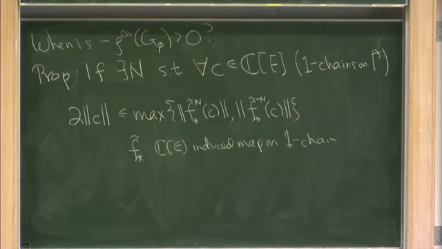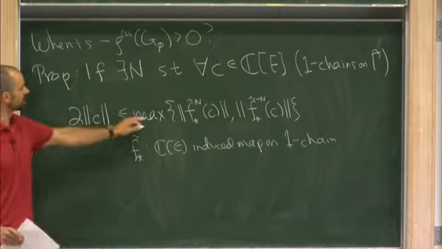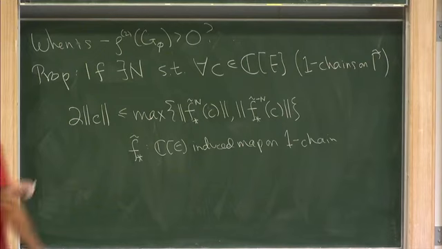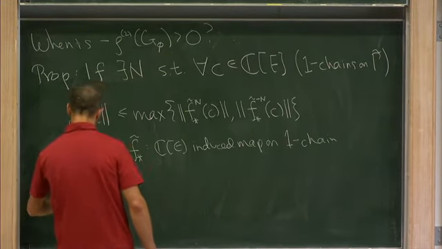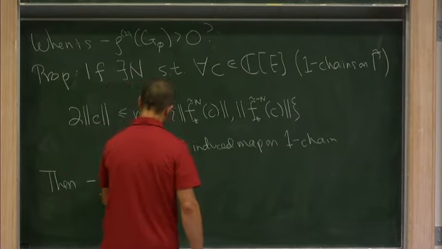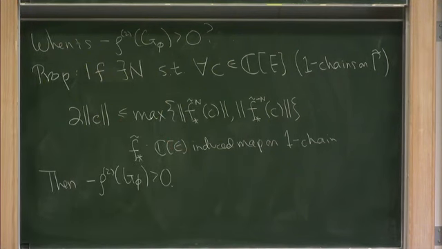If you know the Bestvina-Feighn combination theorem, this is something like a flaring condition, some sort of homological flaring condition. And if this is satisfied, then the torsion is positive.